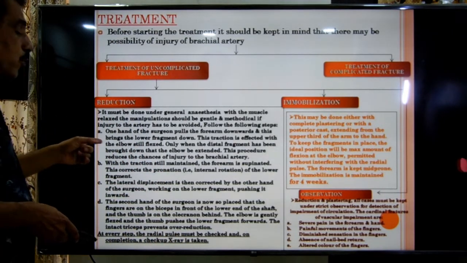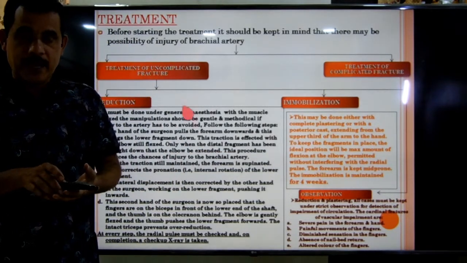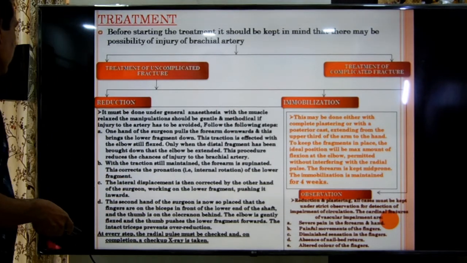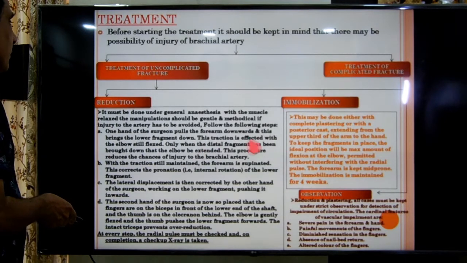Number one, the surgeon has to hold the hand of the patient with one hand, either by shaking hands. The one hand of the surgeon pulls the forearm downwards.